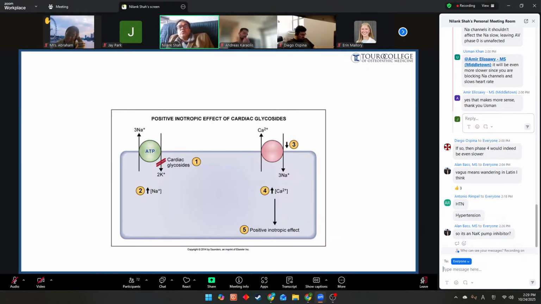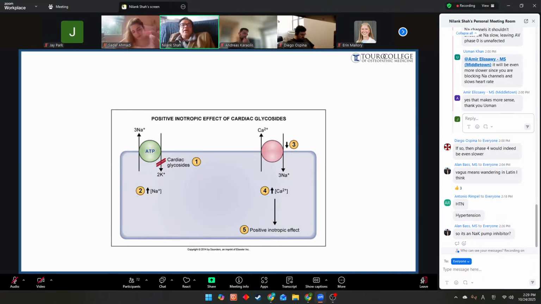That will increase the force of contraction by increasing the actin myosin filament sliding, or movement of the actin over myosin. An increase in actin myosin interactions will increase the force of contraction in the myocardium, which will increase the stroke volume and cardiac output. That's the original problem in congestive heart failure.